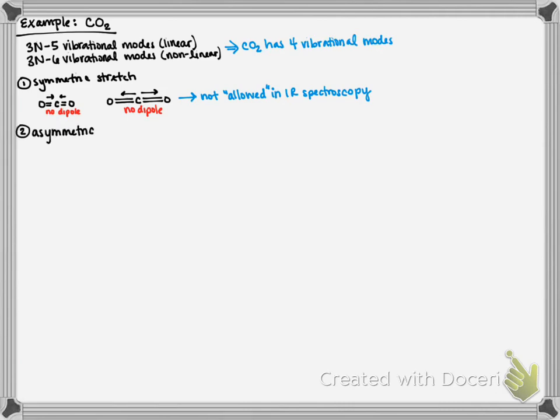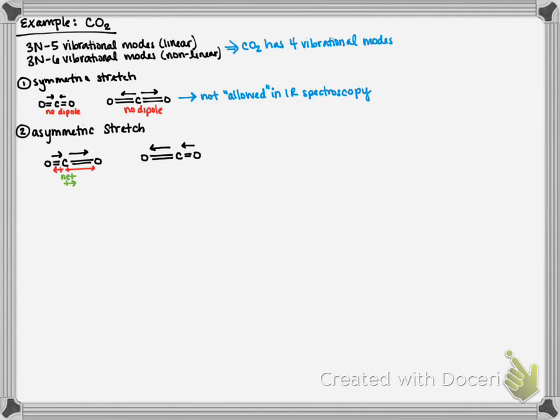All right, so another type of stretching motion or vibrational motion would be the asymmetric stretch. In this case, one of the oxygens is compressing in towards the carbon while the other oxygen stretches away. And we could think about those oxygens switching roles. If we think about the dipole moment here, we'll start with the picture on the left. In both these cases, the oxygen is pulling electron density towards itself, but because those oxygens sit different distances away from the carbon, they don't balance one another out.